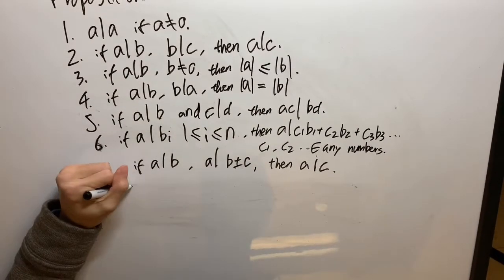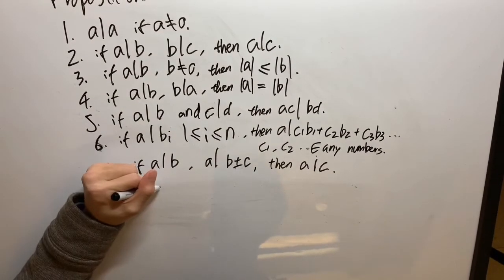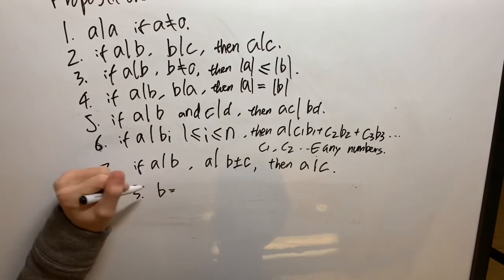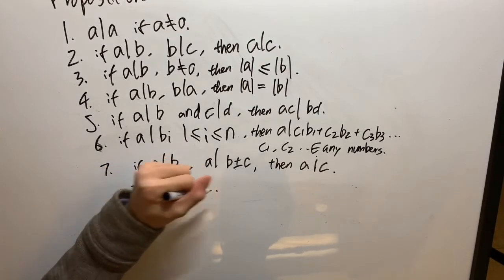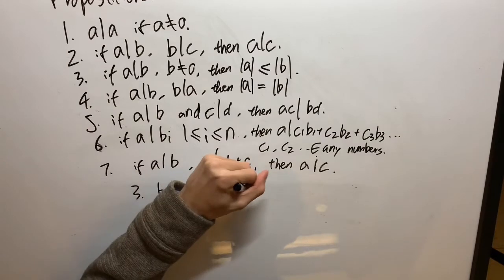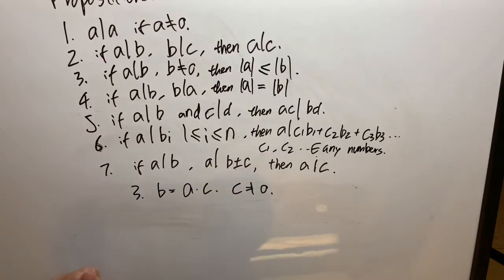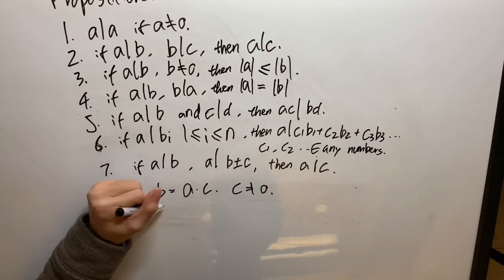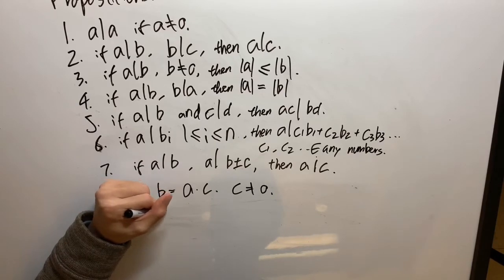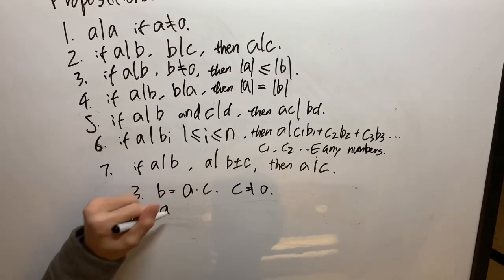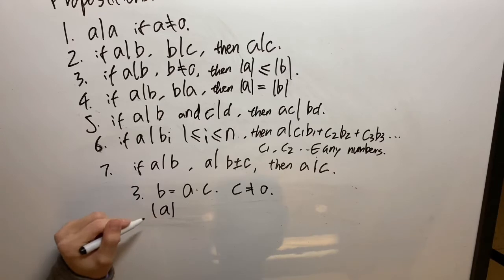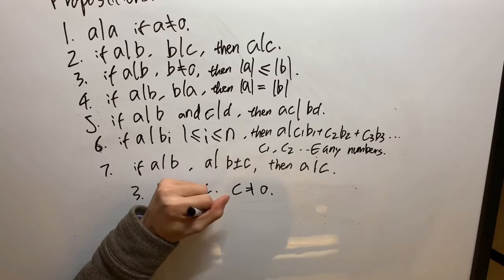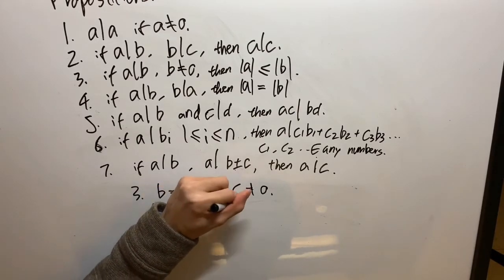For the third one, let b equals a times c, and obviously c does not equal 0. So the absolute value of a is less than or equal to the absolute value of a times the absolute value of c.